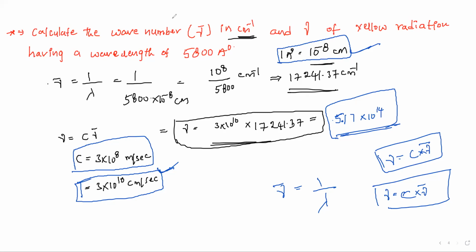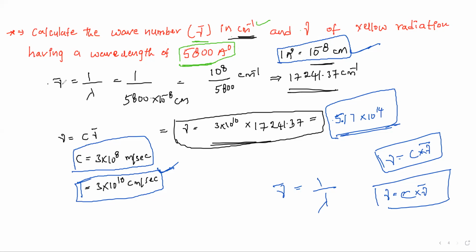Observe very carefully. Actually, calculate the wave number, which is nothing but nu bar, in centimeters, and the frequency of yellow radiation having wavelength 5800 angstroms. Both wave number and frequency we have to calculate in centimeters by using 5800 angstroms.